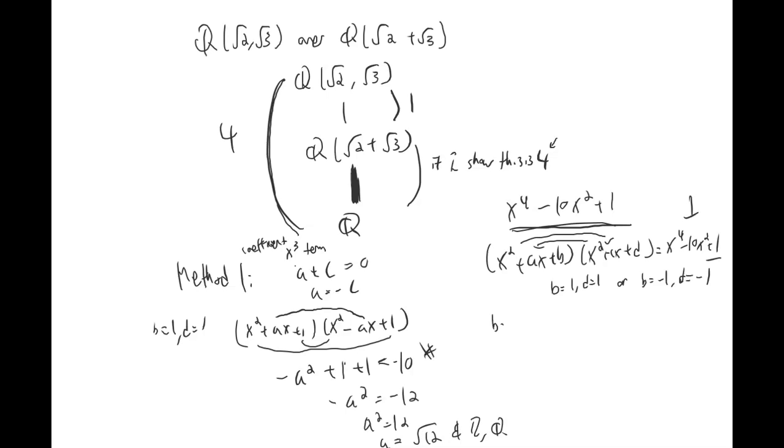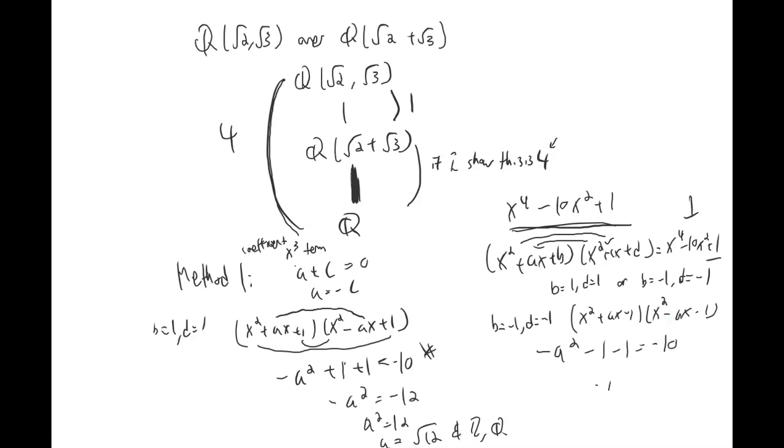And if b equals -1, d equals -1, then you have x squared plus ax minus 1, x squared minus ax minus 1. And then the x squared term is now, what is it? Negative a squared, is it -1 minus 1 now?